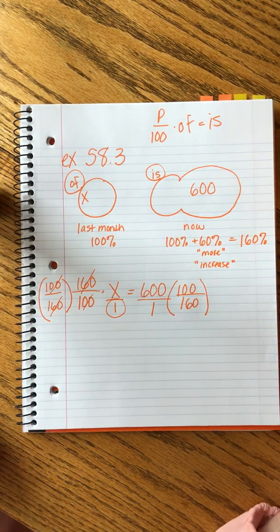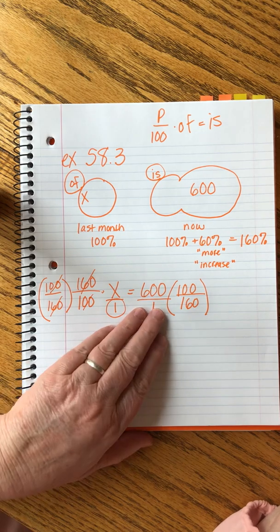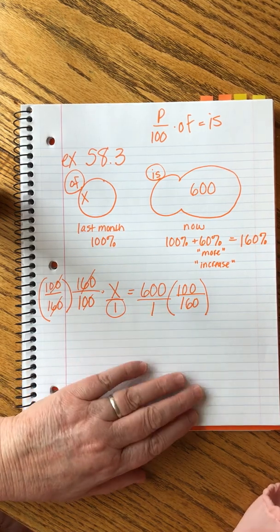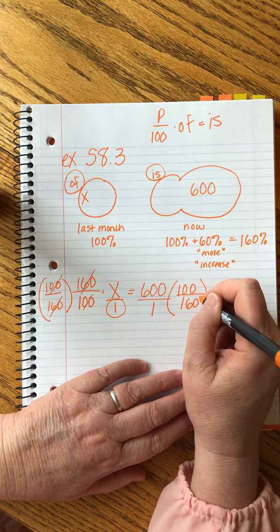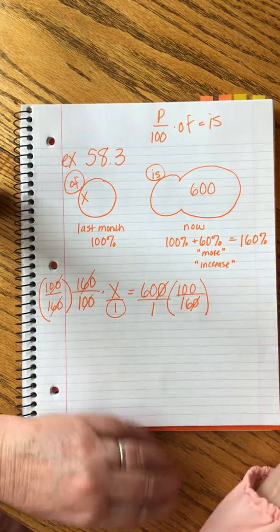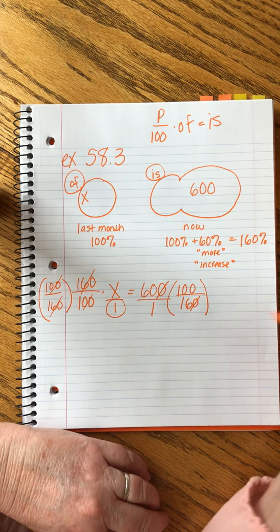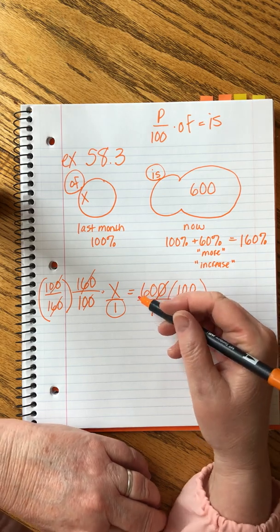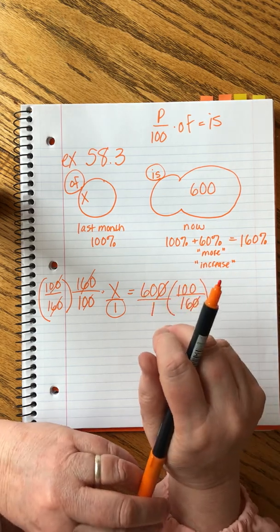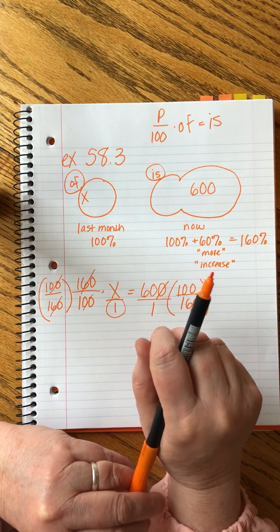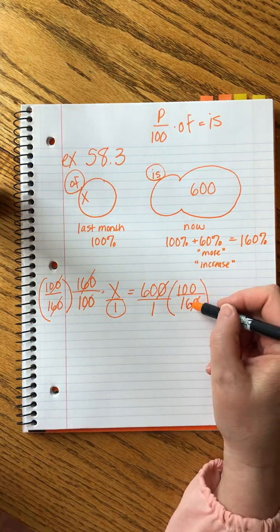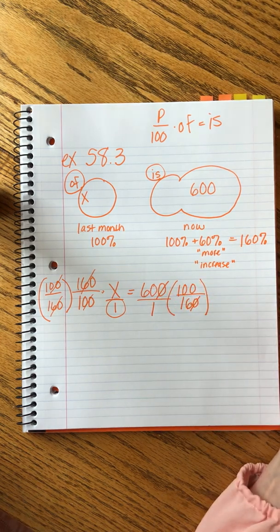Okay, beautiful. Now I need to reduce this. Well, the first thing I'm going to do is say, let's divide both of those numbers by 10. 16 and 60. Do you suppose there's a number that goes into that?